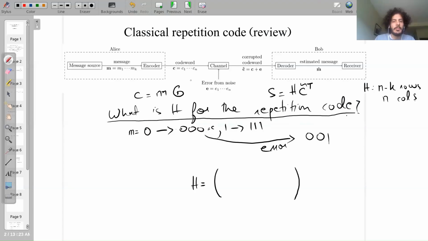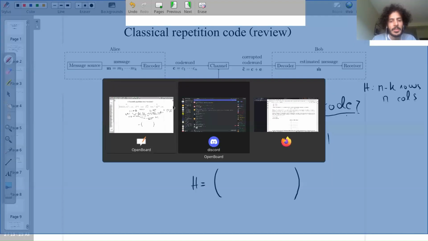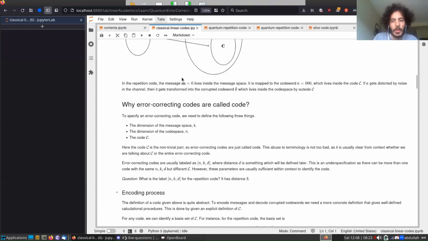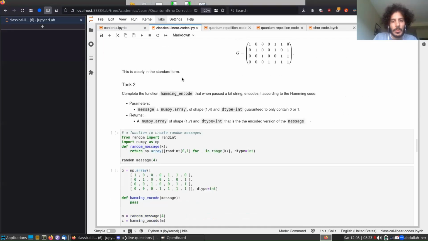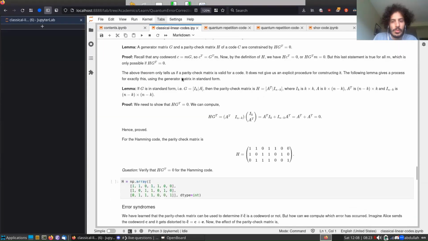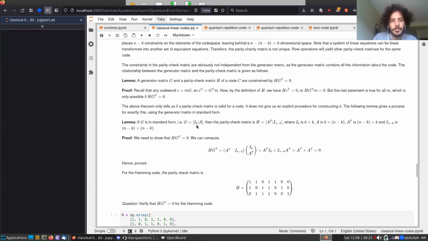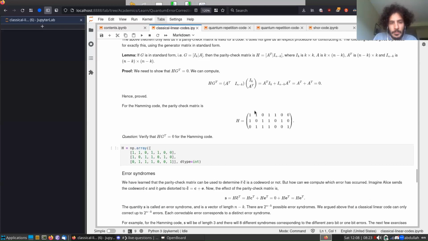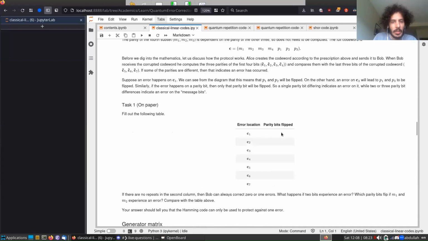Yeah, so remember that we did some parity bits for this. So let's go back to, for example, the notebooks. We figured out that this was the parity check matrix for the Hamming code, where we built it using this.